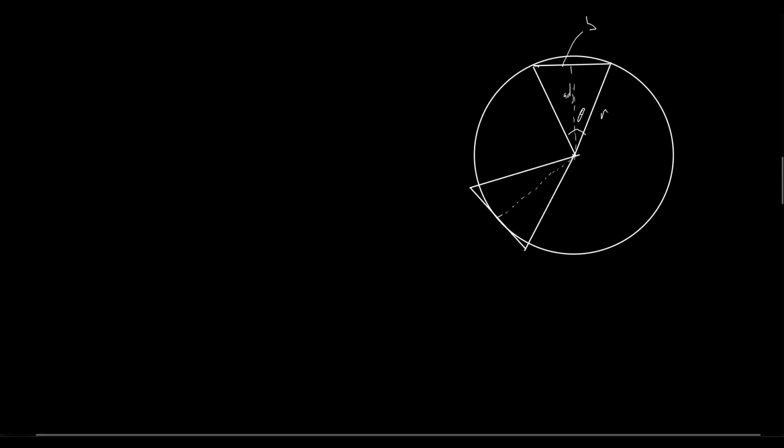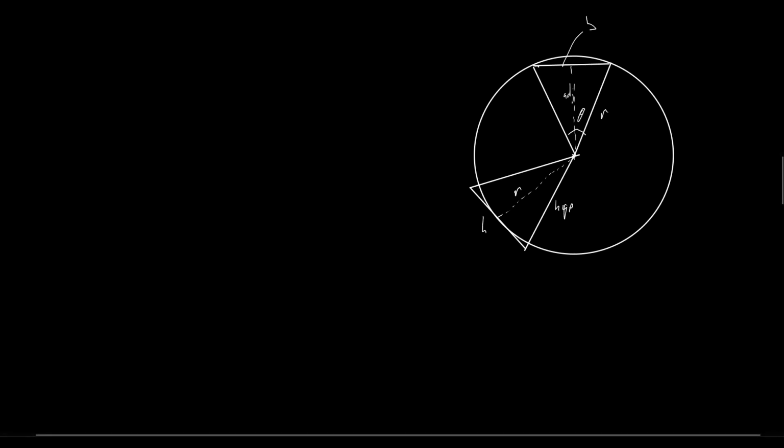Now here, the height of the triangle is equal to the radius of the circle, and we have the hypotenuse and the base again of the polygon for angle theta. Now let us do the inscribed triangle first. So we'll blow this out here.